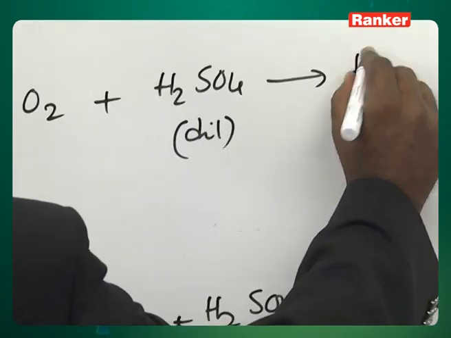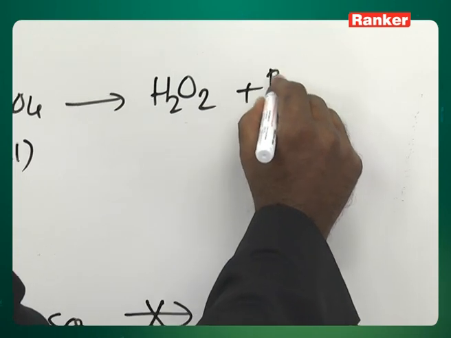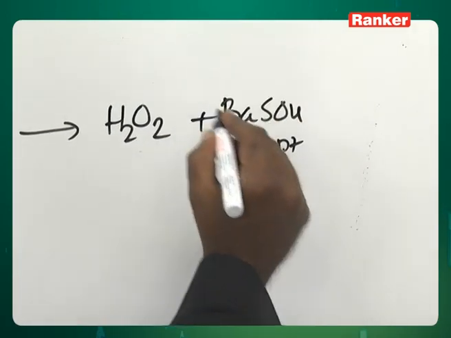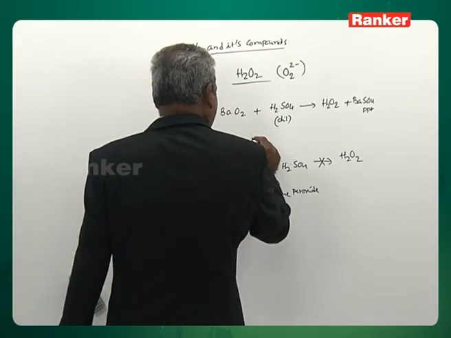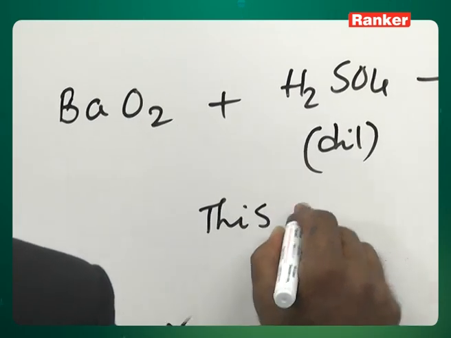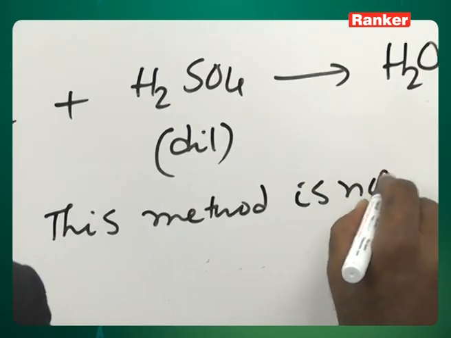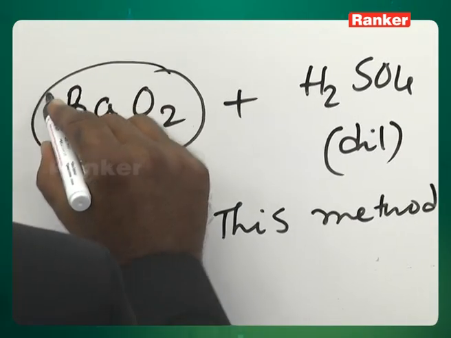You will get H2O2, but along with H2O2, you get BaSO4. And this BaSO4 precipitate forms a layer on the BaO2. Therefore, this method is not used, because BaSO4 forms a layer.